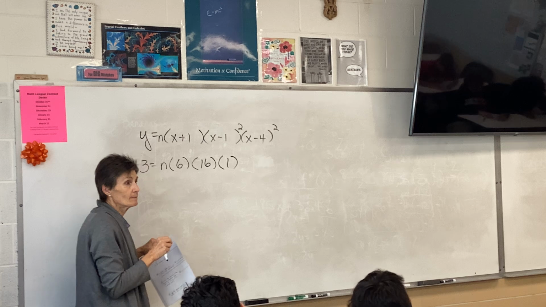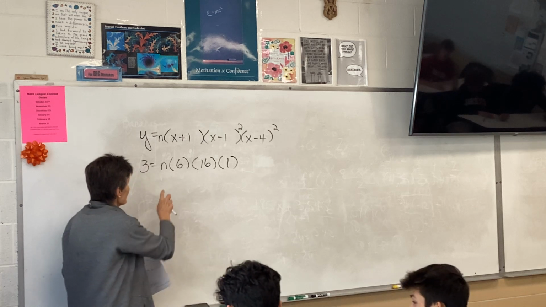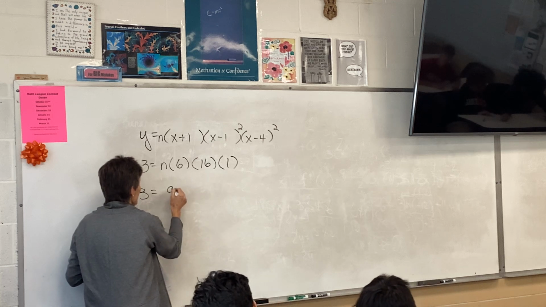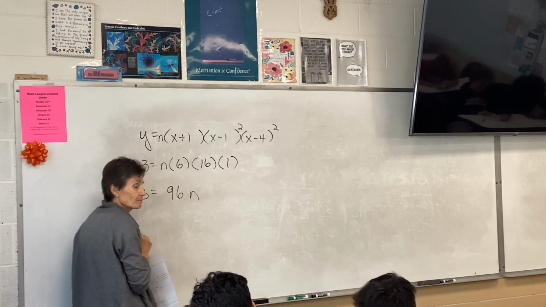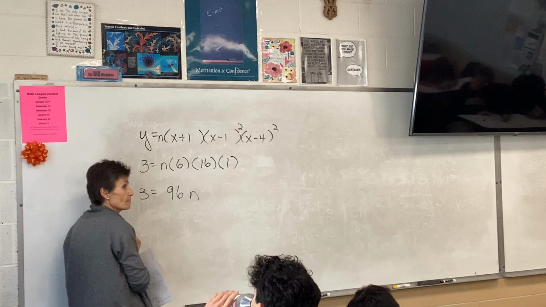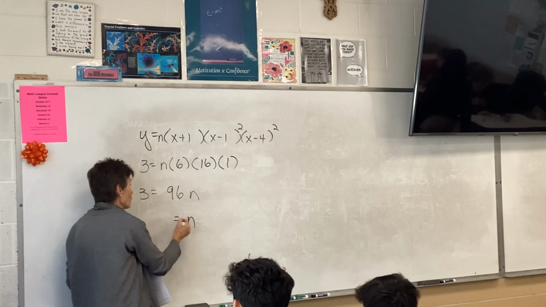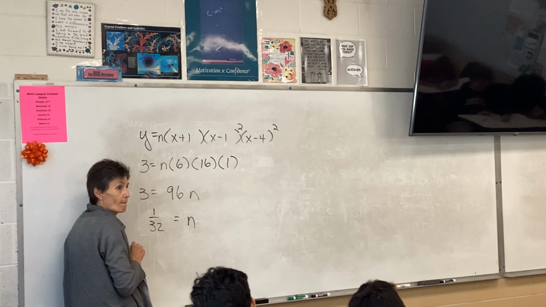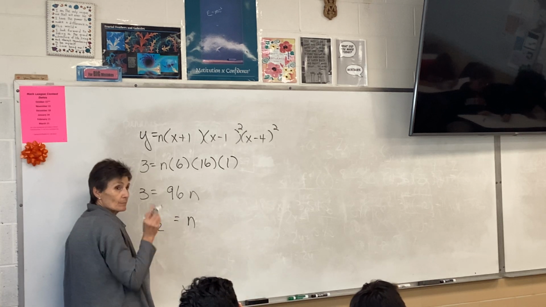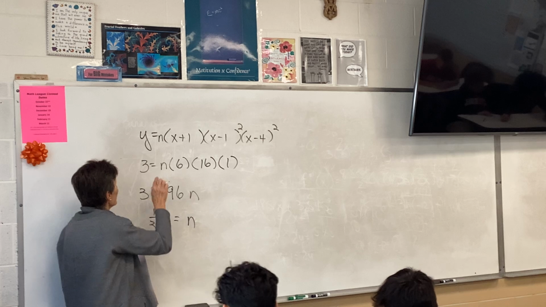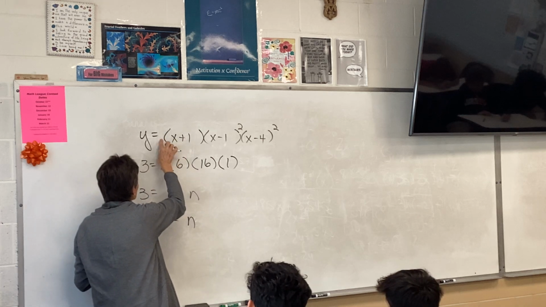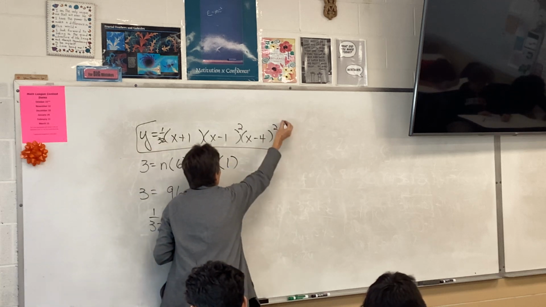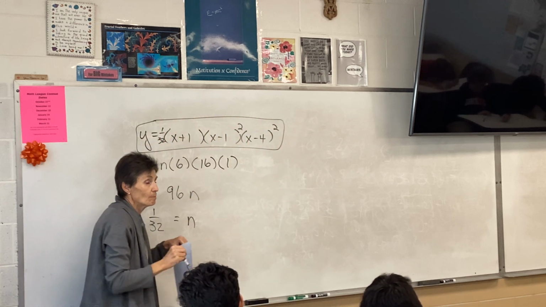Are you with me? So this is all multiplied. So 3 equals 96n, and n equals 1 over 32. Then I'm going to come back up here and put 1 over 32 in for my n, and there's my answer. I do not need to multiply it out. Thank goodness.